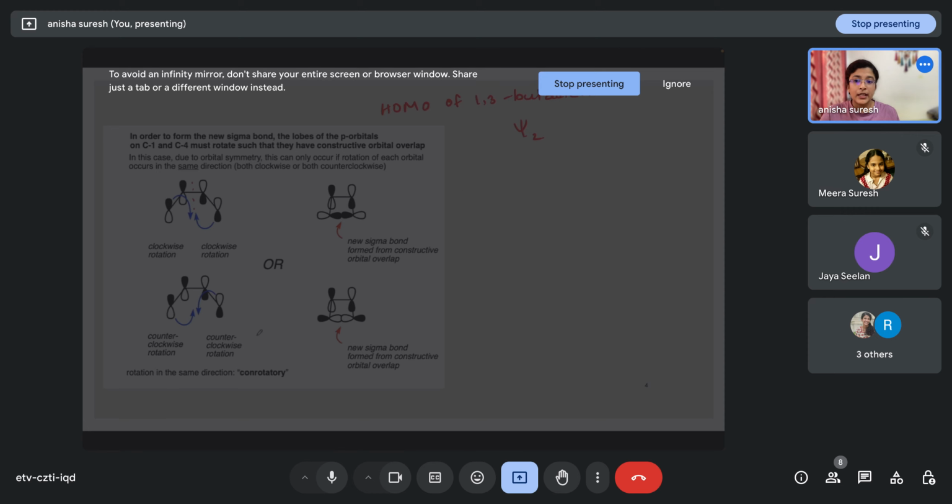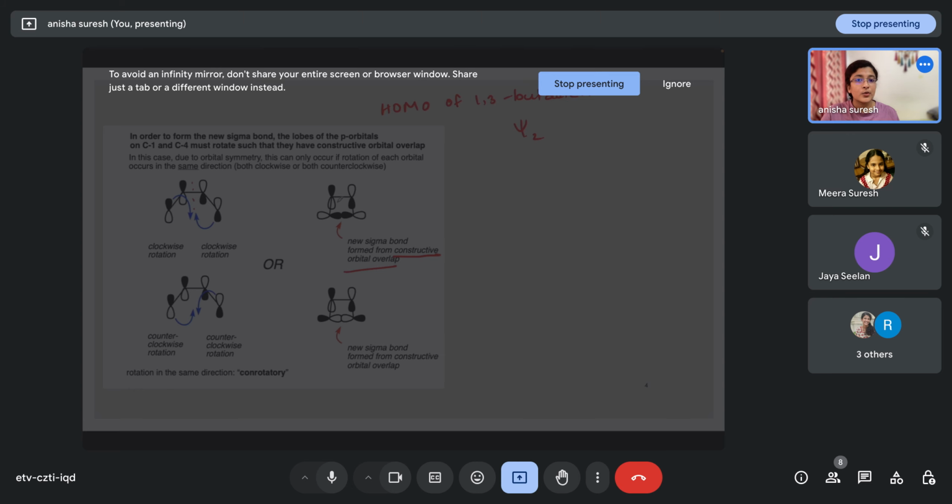conrotation, that is, if we are doing the rotation in the same direction, that is, this lobe is moving in the clockwise fashion, this is also moving in the clockwise fashion, then these two lobes with the same shading will overlap and result in the formation of the new sigma bond, that is, a constructive orbital overlap is taking place here.